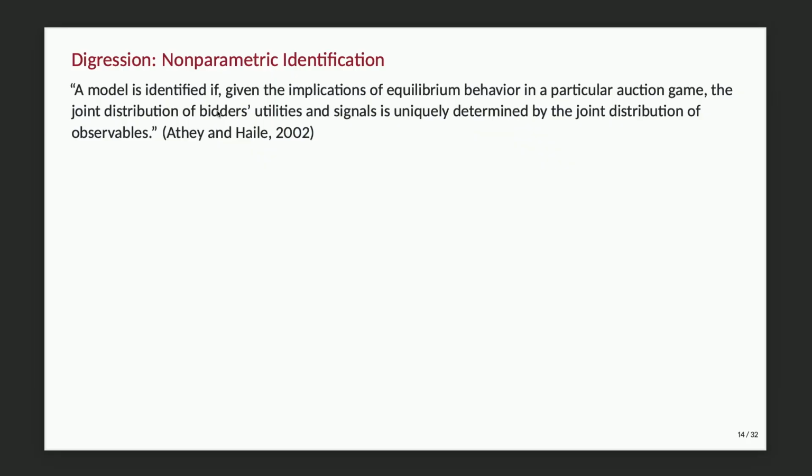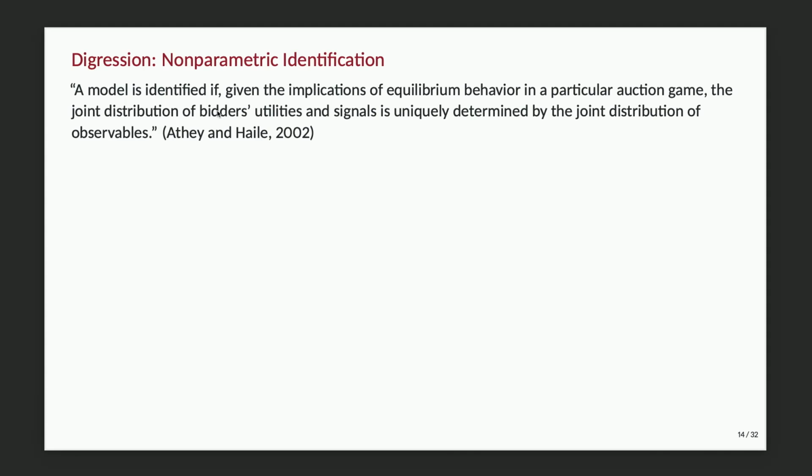Just very briefly, what does it mean for a model to be identified? People use the term identification in many different ways. I'm telling you how this term is used in the auction literature. What people have in mind here is, first, we are settling on a game, and typically on a solution concept for this game, let's say a Bayesian-Nash equilibrium.